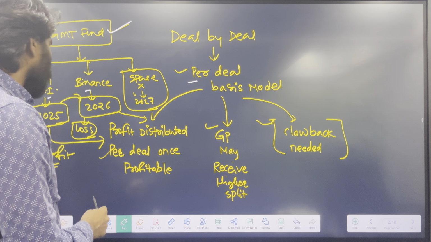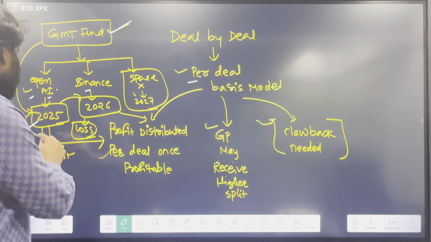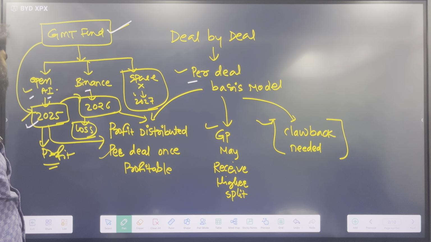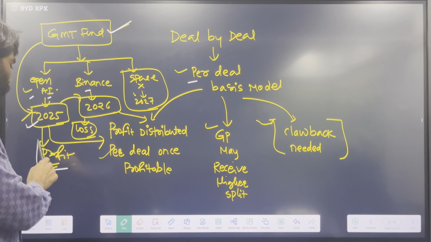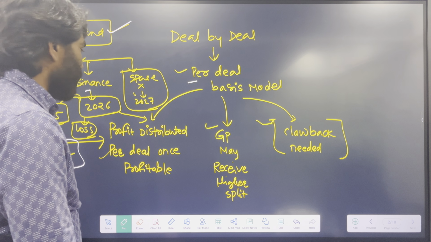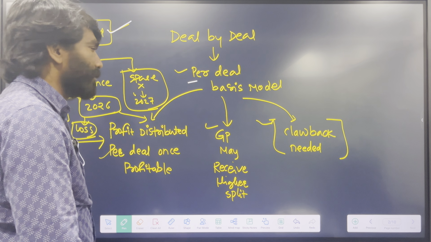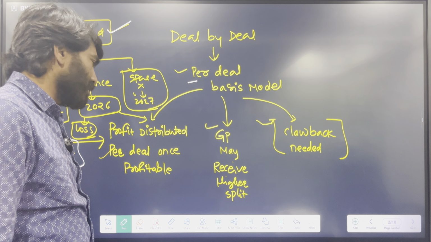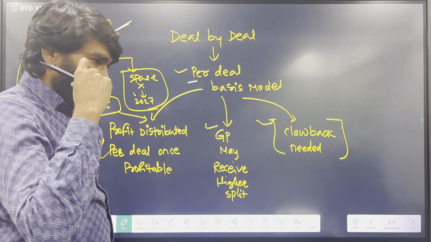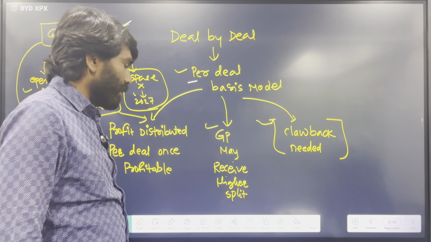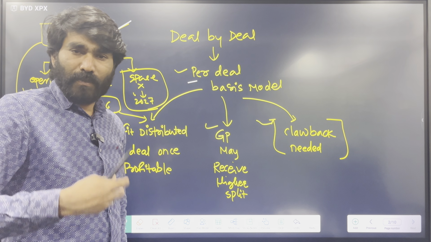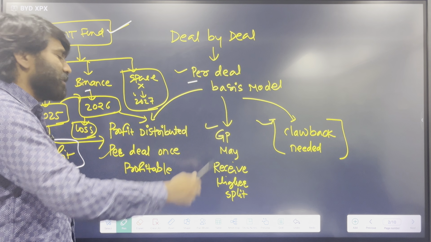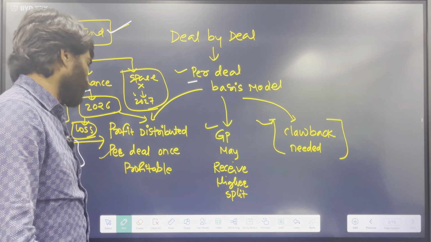When the first investment matures in 2025, whatever profit or loss is generated will be distributed to the investor, and the general partner will also receive their 20% split. The 20% split means the carry fee will be received by the general partners. That process we call the deal by deal model.